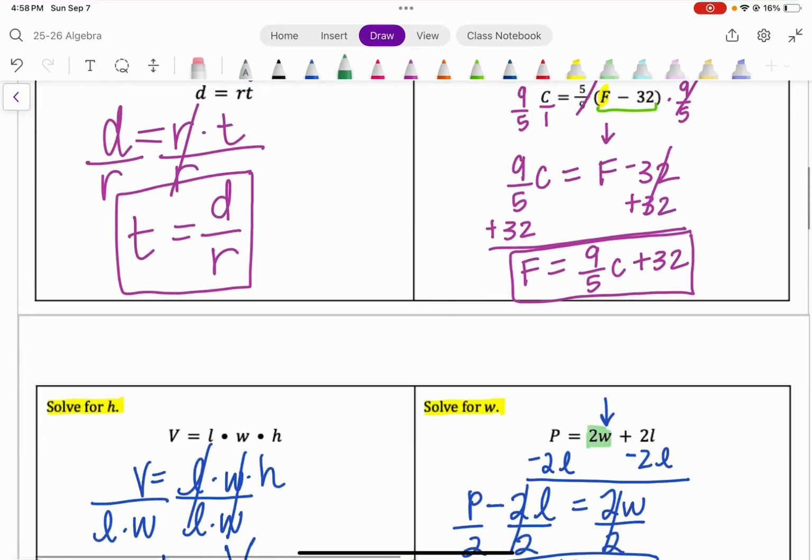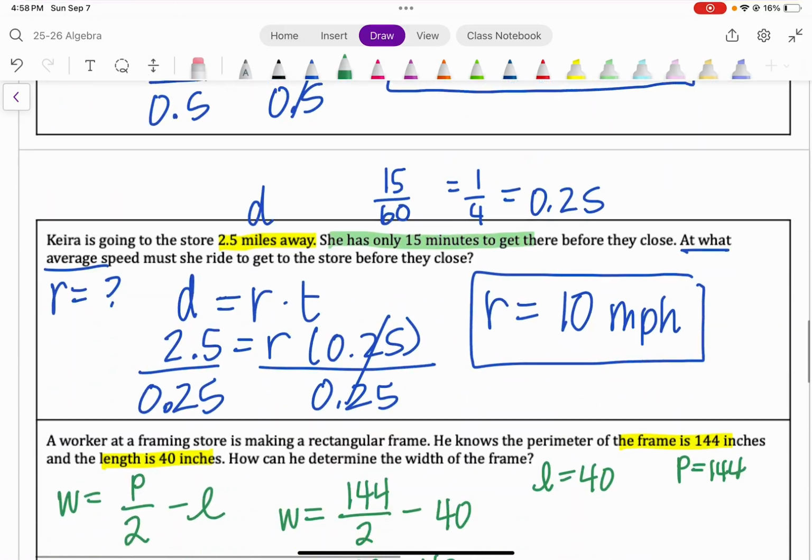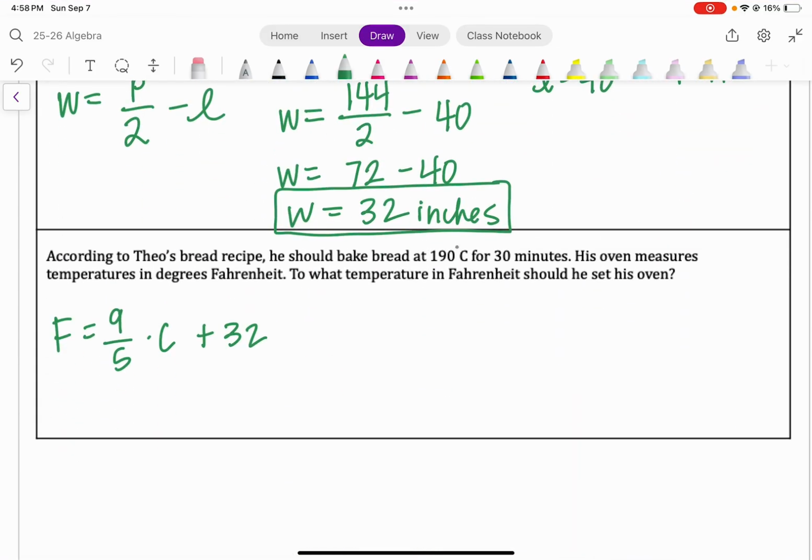Double checking I have that right. Okay. So he should bake bread at 190 degrees Celsius for 30 minutes. Okay, and you know what? We don't need that 30 minutes. So I'm going to unhighlight that and just highlight the 190 degrees Celsius because that's all we have to substitute. C equals 190.